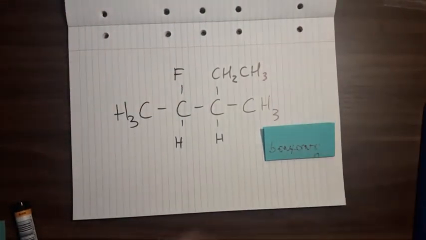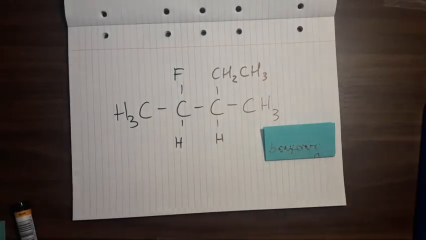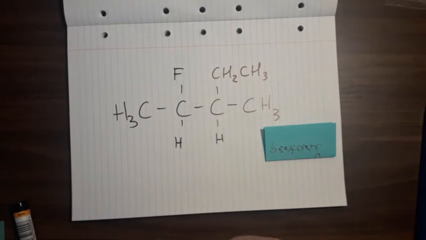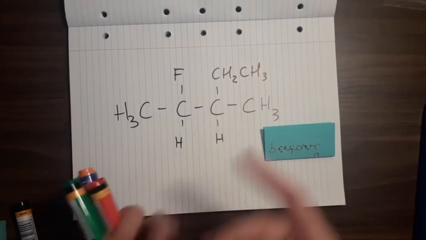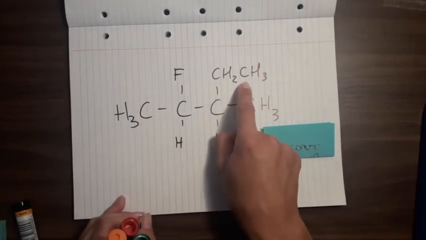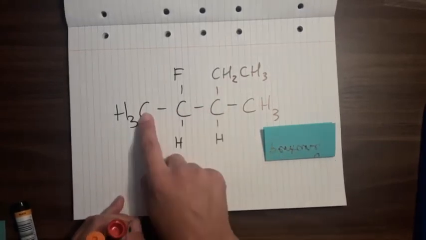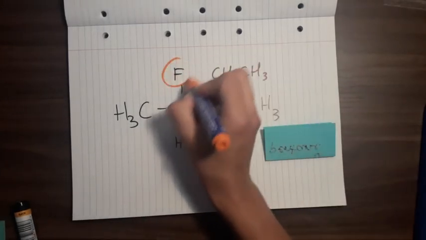This is the last one. So here you might go 1, 2, 3, 4 carbons in parent chain. Yeah, but be careful, because here this looks like an ethyl side chain, but ethyl groups near the end of something can actually not act as a side chain, but could go 1, 2, 3, 4, 5. So now we've actually got a 5 carbon parent chain. What way it's going to be numbered really depends on this fluorine atom.